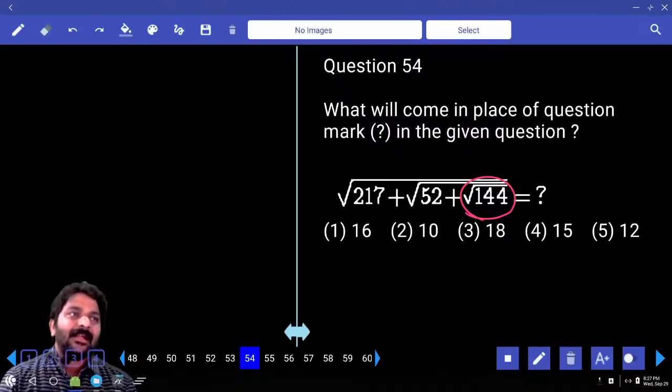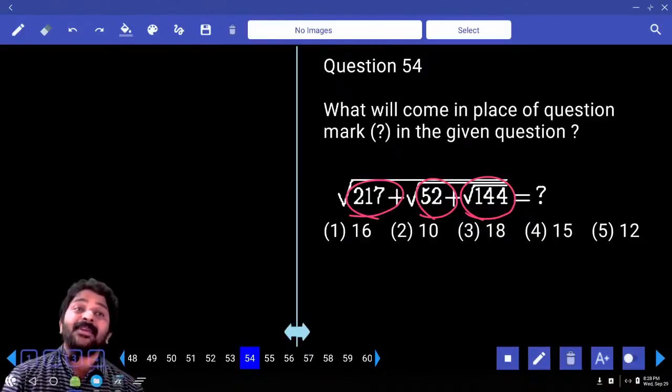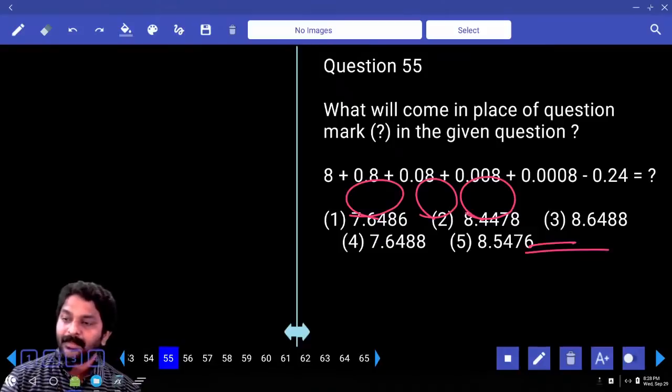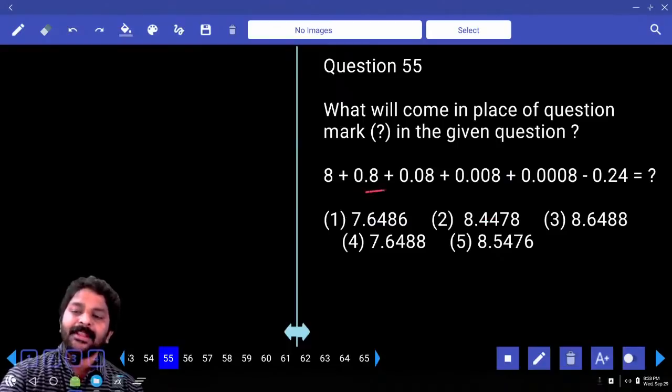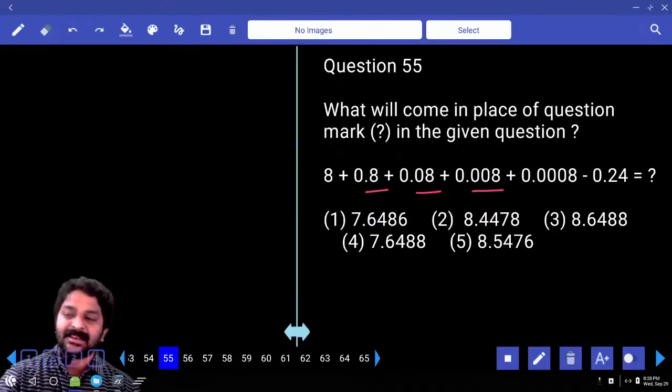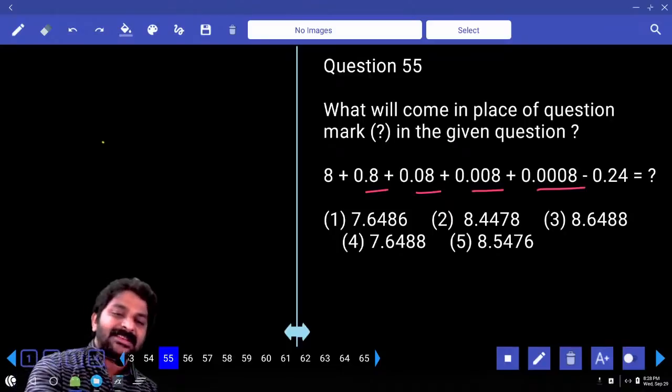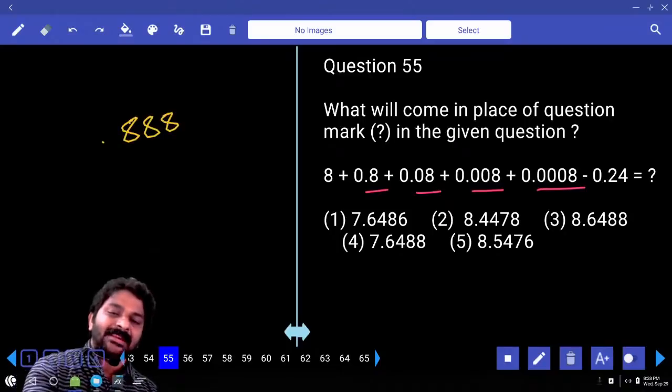Yes. Under root of 144, 12. 52 plus 12. Under root of 64. 217 plus 8. Under root of 225. Number after decimal: 0.8, 0.88, 0.008, 0.0008. That means that is 0.8888.